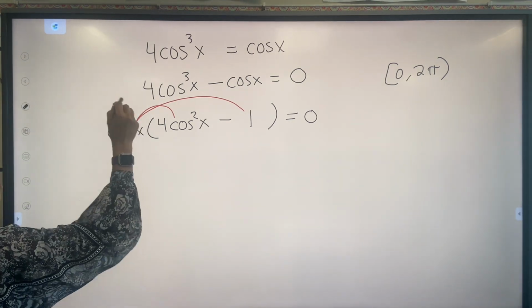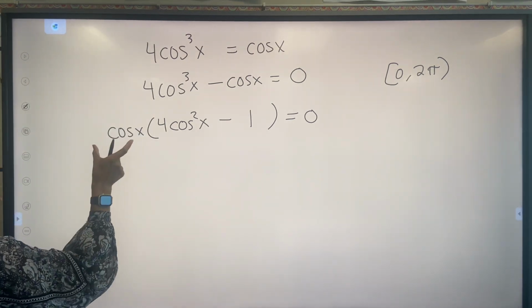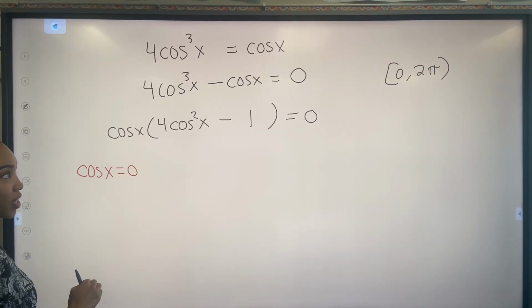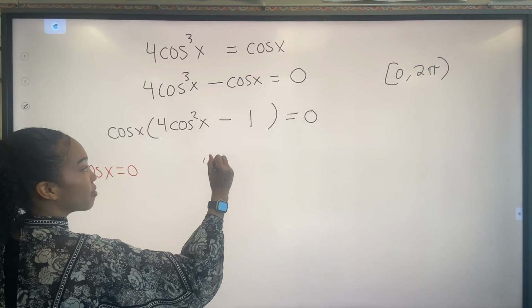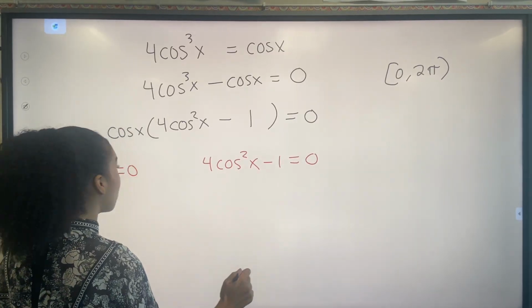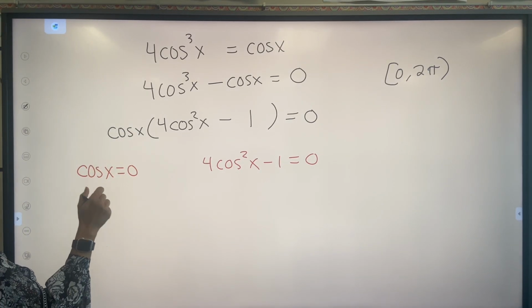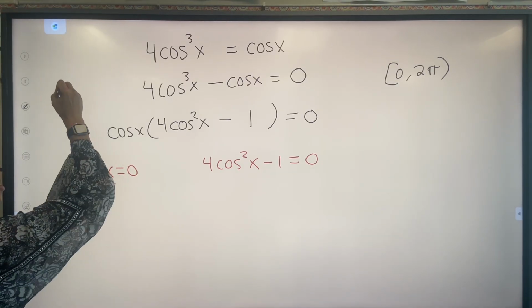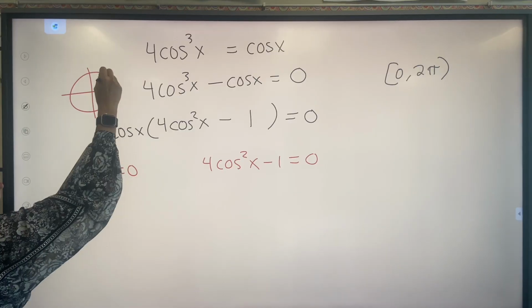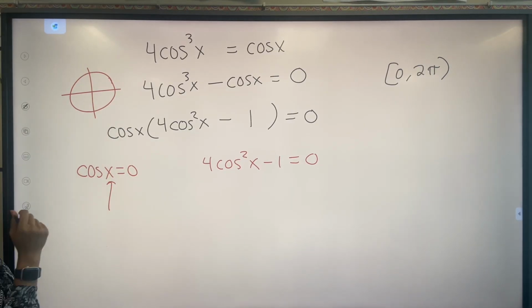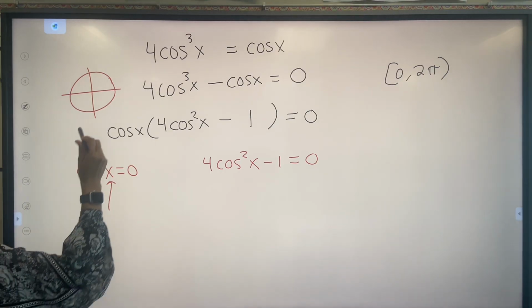Now from here, we're going to go ahead and solve. I'm going to set this cosine equal to 0 and solve it. And I'm going to set this equal to 0 and solve it. So for here, all I need to find is what angle is cosine equal to 0. So think about the unit circle. Where on the unit circle is cosine 0? And remember, cosine is the x value. 90 degrees?